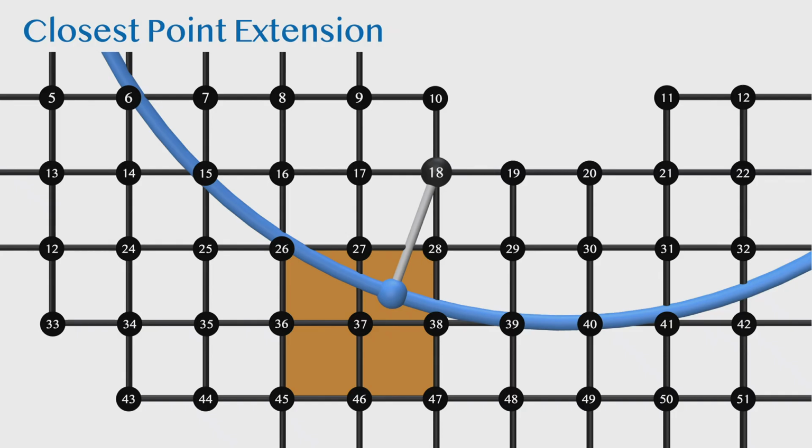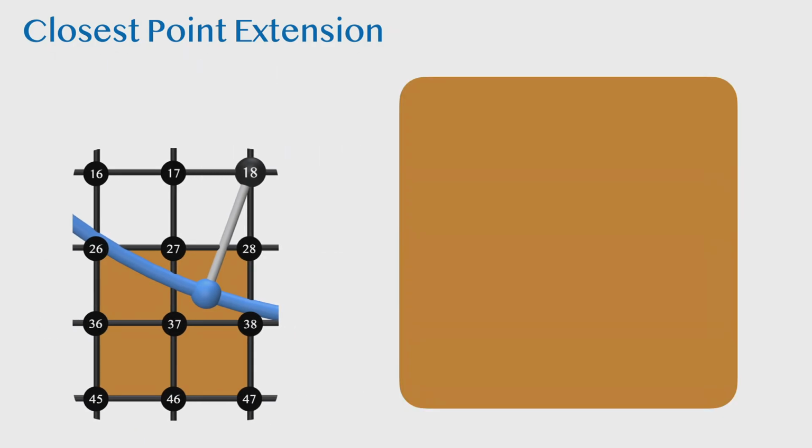And similar to the construction of the finite difference matrix, the rows for each grid point, so like this row 18, you're going to have non-zeros in the columns that are part of that stencil. In this case, it's a little different because with the finite difference stencils, you have the same weights for every single grid point. For the interpolation stencils, it depends on the query point, so the location of the closest point.